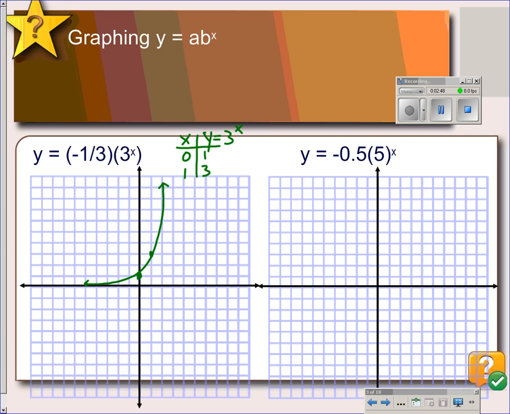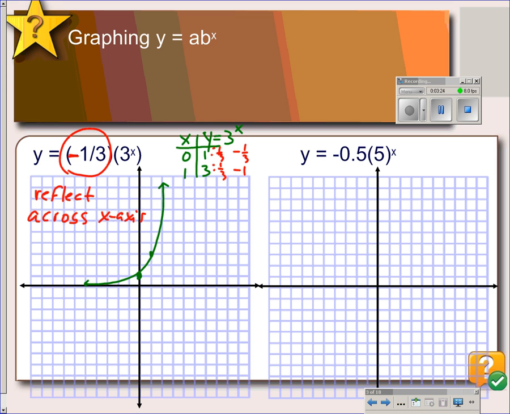So now, what does the negative 1/3 do to the graph? Well, the negative is going to make the whole thing reflect across the x-axis. And the 1/3 then will make each of our y values be multiplied by 1/3. So our first point will be at negative 1/3, and our second point will be at negative 1.